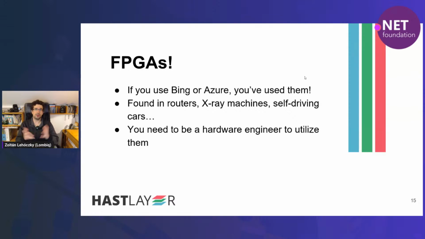But FPGAs can sometimes also be found in household appliances like routers, or less household appliances like X-ray and MRI machines. And they are also sometimes part of the processing unit of self-driving vehicles. The thing that you have to keep in mind here is that you have to be a hardware engineer to utilize FPGAs because, well, it's about designing a piece of logic hardware.